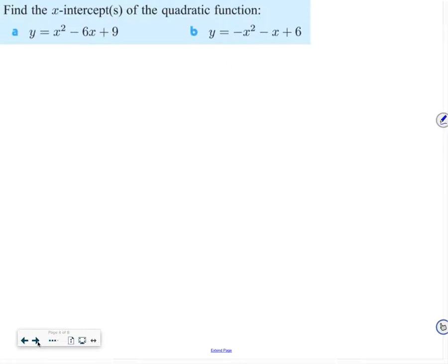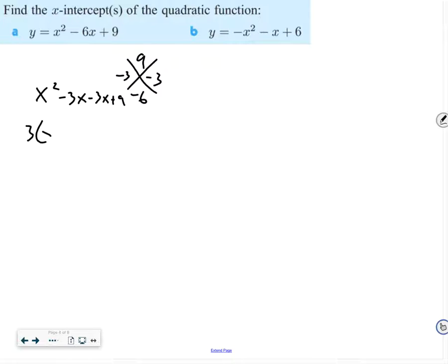So let's look at some examples here. Find the x-intercepts of the quadratic functions. Finding x-intercepts, the first thing I'm going to do is try and factor. If I have 9 and negative 6, I'm going to have minus 3, so I get x squared minus 3x minus 3x plus 9.